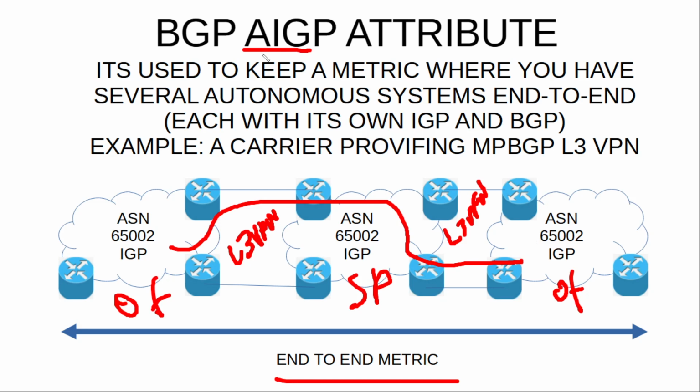So you can use AIGP to maintain a metric end-to-end, but ideally it will work best if you use the same IGP in all your autonomous systems. However, service providers usually use IS-IS, and almost no enterprise uses IS-IS, so it becomes complicated to use this.